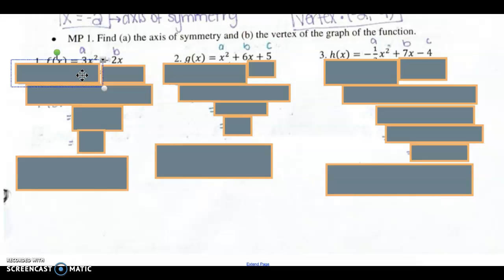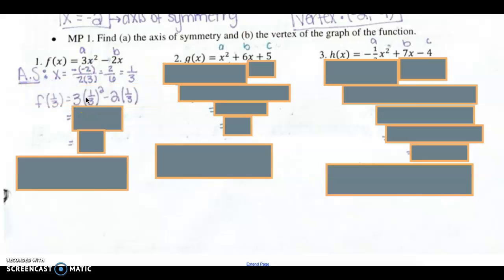Okay, if you tried them, our axis of symmetry, we have negative b over 2a, and that's going to end up giving us 1/3. So we want to plug that 1/3 in for f of x. So we have 3 times 1/3 squared minus 2 times 1/3. 1/3 squared, remember you square the 1, square the 3, so it gives us 1/9.